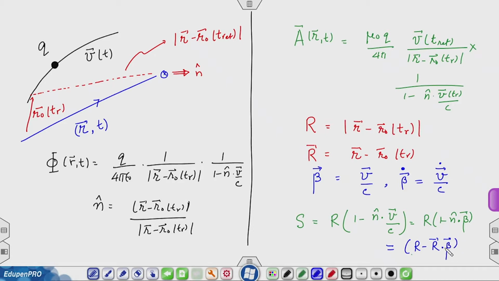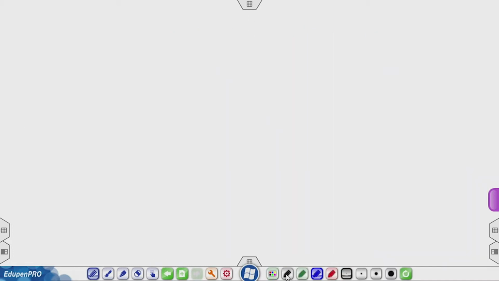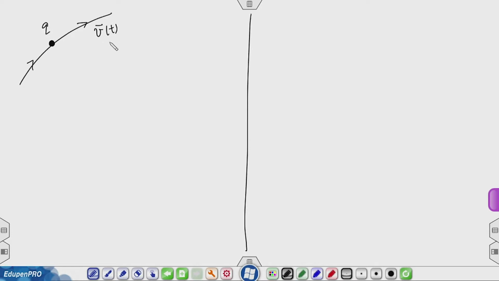So, we have defined all these quantities so that we can write the expressions for the potentials in a much shorter way. Let us do that now. What we are considering is this point charge q, moving with velocity v(t), and again pictorially I will show you what all the distances are.